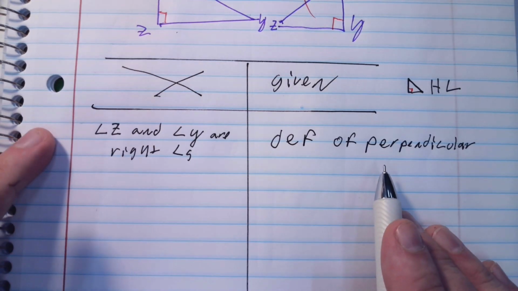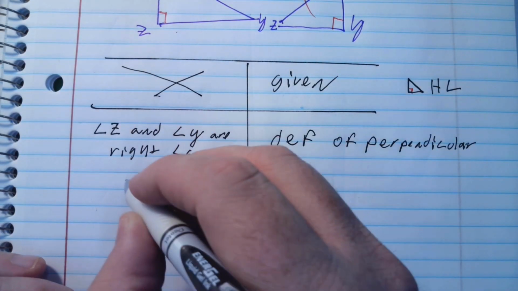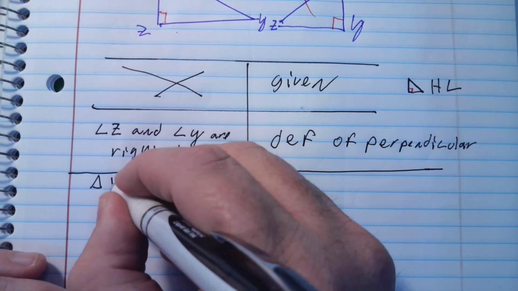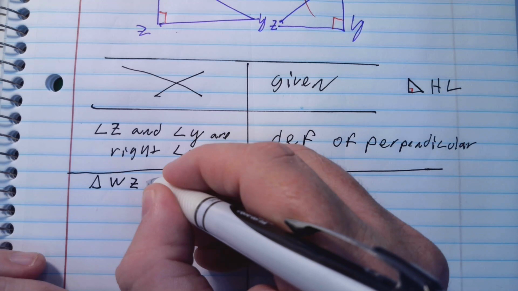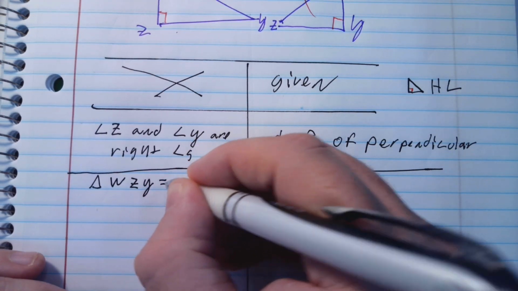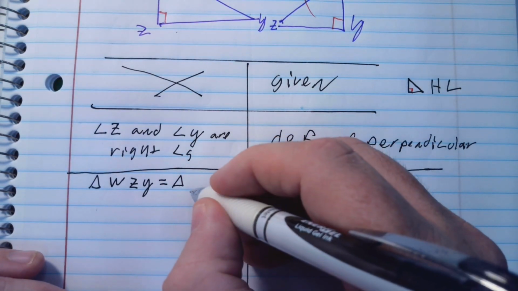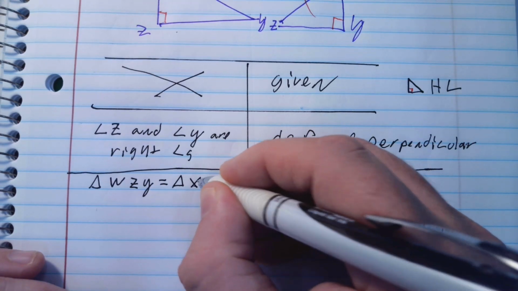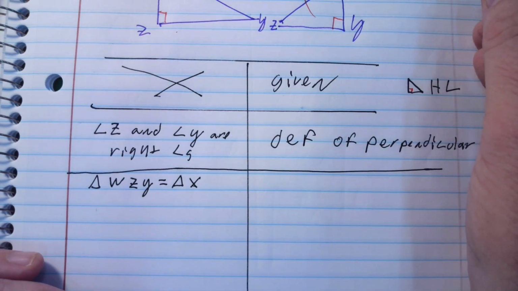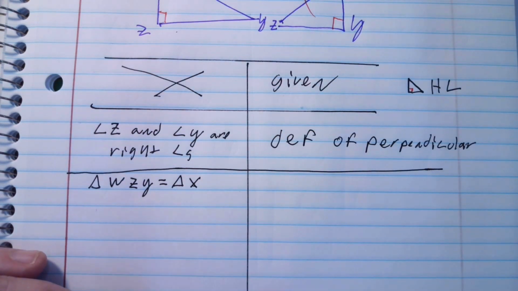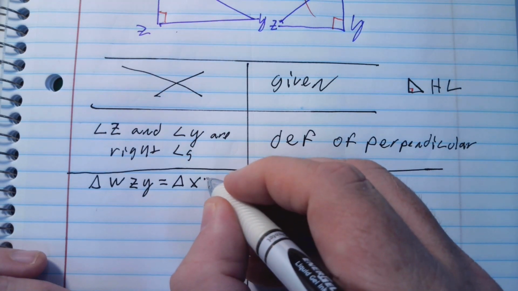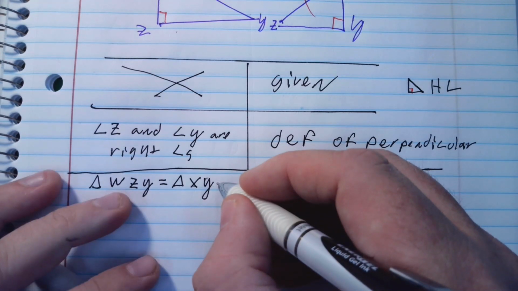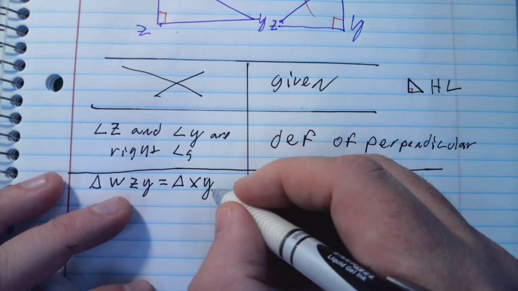So definition of perpendicular. And I'm going to say that triangle WYZ and triangle XZY are right triangles. And the reason why I do these proofs for you is so you can see and use it as an example to do other proofs. I should have used the exact same thing up there, but it doesn't matter. Since I went this direction, I need to continue going this direction, so it actually lines up correctly.